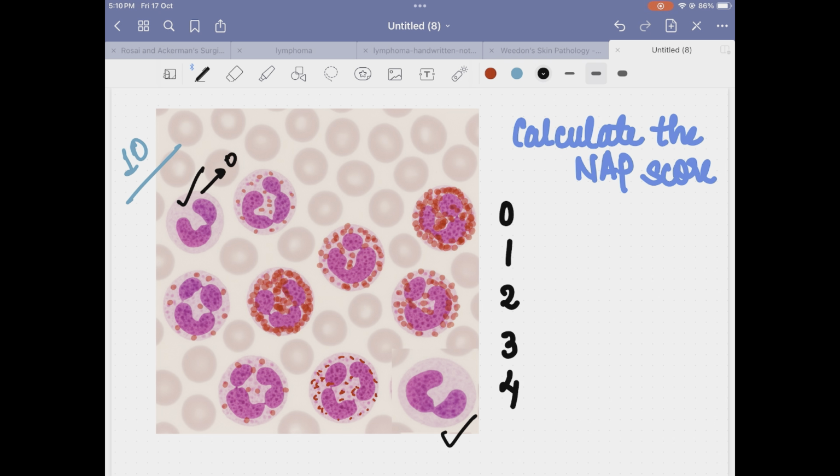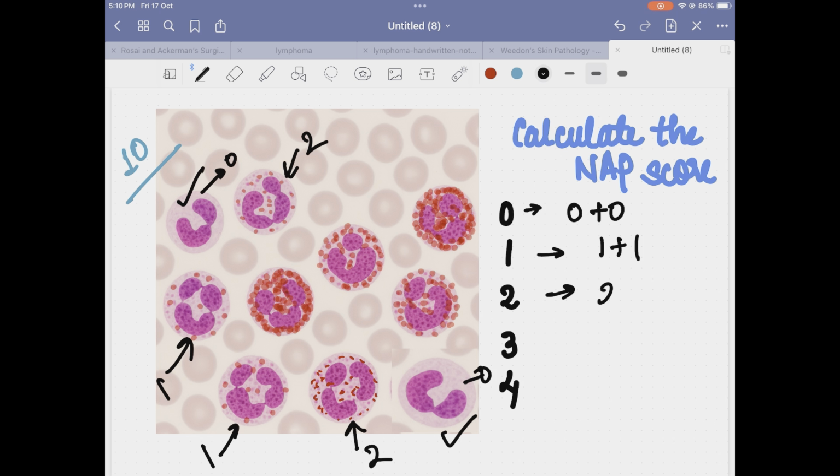So I will write 0 plus 0, and then you have to find 1. These are just faint granules, so these can be 1. This is 1 plus 1, and then we need to find 2. So 2 will have just enough granules. We can take this and this as 2. Then 2 of the neutrophils have a 3 score, right?